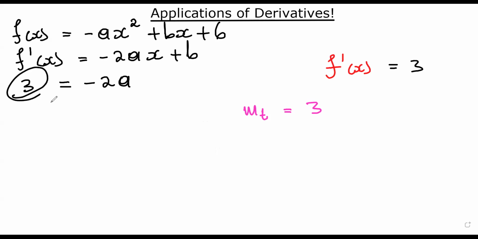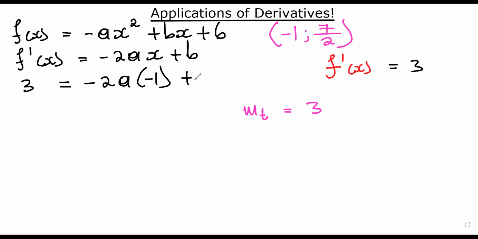After equating the derivative to 3, we are going to substitute the x-coordinate of the point of tangency. What they said to us here is that the point of tangency is (-1, 7/2). So when we see x, we are going to substitute -1.